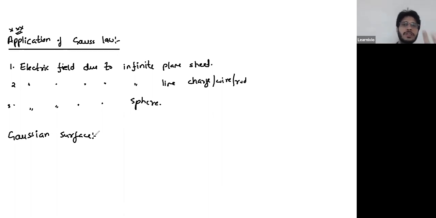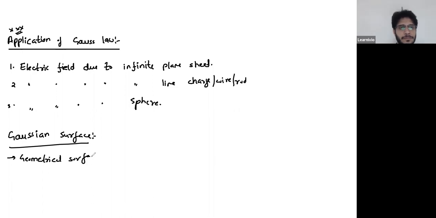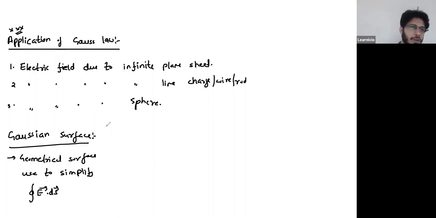Gaussian surfaces are basically closed geometrical surfaces used to simplify this integral. Just to simplify the integral, we use some geometrical shapes which are known as Gaussian surfaces. We have some criteria to choose a Gaussian surface.